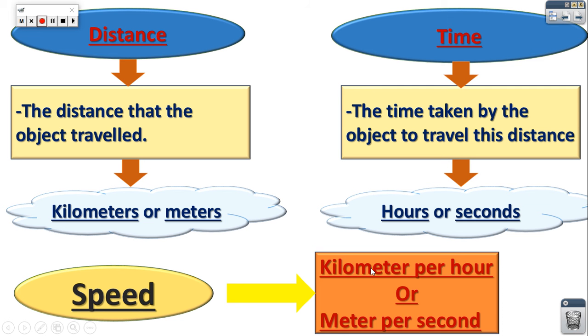So what is the unit of the speed? It is kilometer per hour or meter per second. If I covered a large distance, I will use kilometer per hour to calculate the speed. But if I covered a small distance, I will use meter per second to calculate the speed.